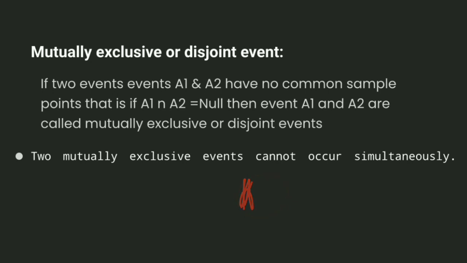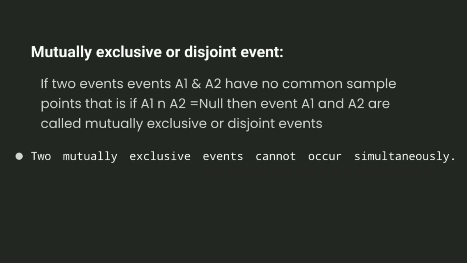Then events A1 and A2 are called mutually exclusive events. It is very simple. It would be very clear when I take the examples. For now, just understand this: when two events have no common sample points between them. Note this point: two mutually exclusive events cannot occur simultaneously.